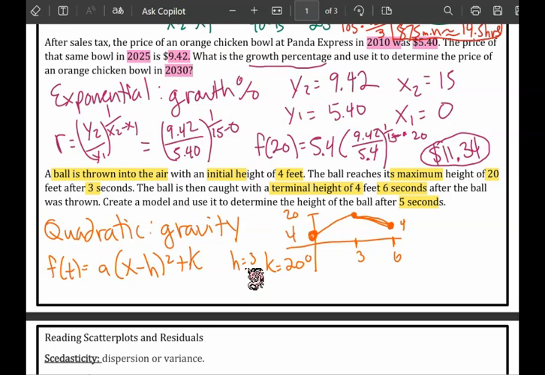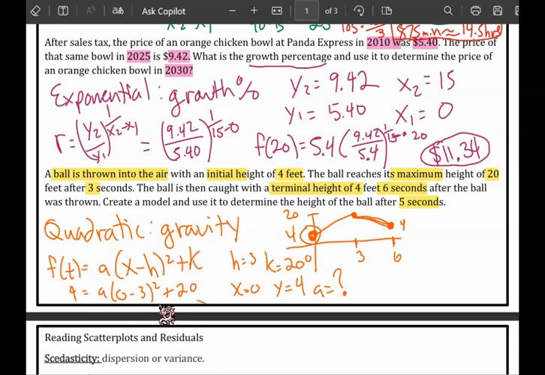So let's plug in one of these two other points. Let's go ahead and plug in this initial value. So we'll say x equals 0 and y equals 4 to solve for A. 4 equals A(0 minus 3)squared plus 20.